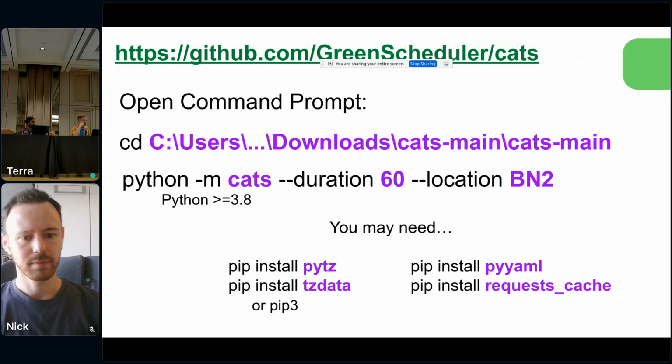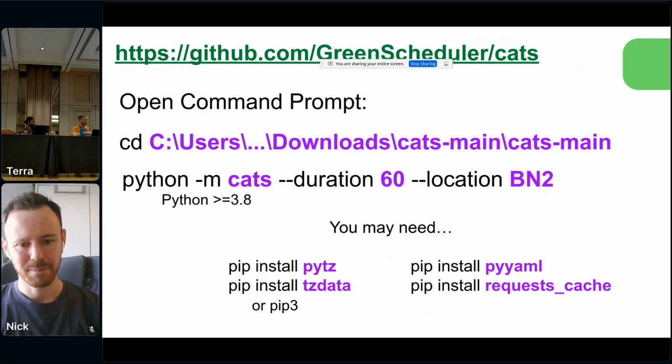So all it does is work out or estimate for you how much carbon it's going to cost for you to run a computational process of a specific duration within a specific location. You're going to need Python 3.8 and greater for it to work, as I discovered earlier today when it didn't work.